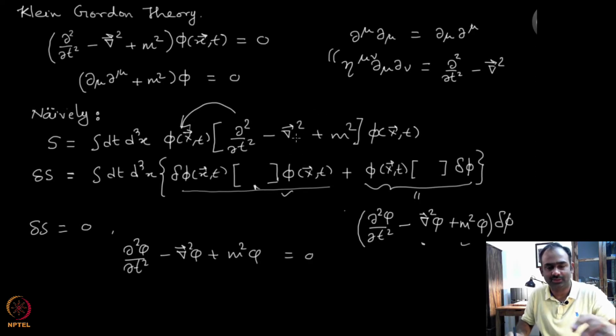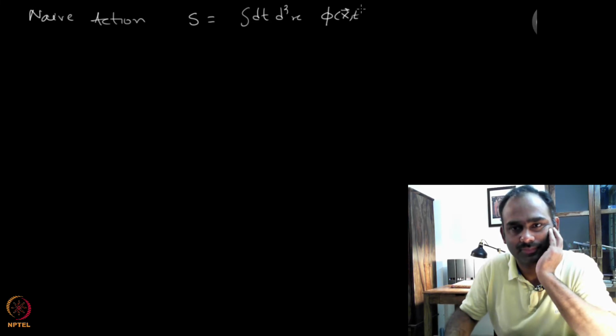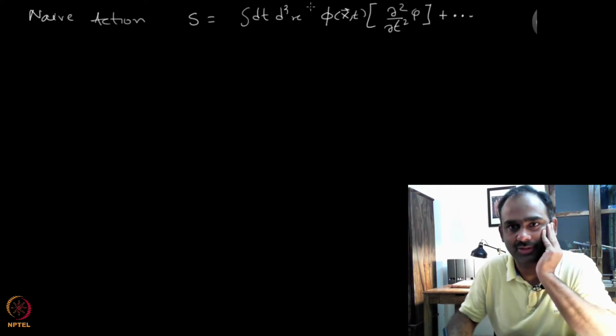If I take my naive action, plus other terms which have the m square term and the gradient square term, that I am omitting for now.